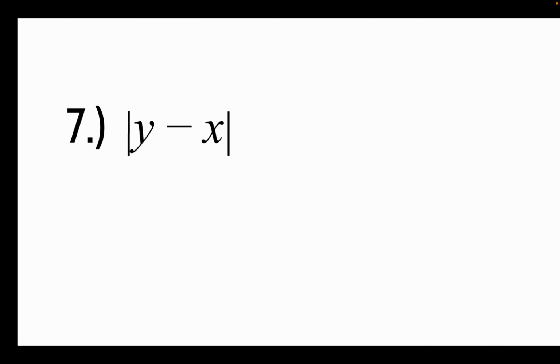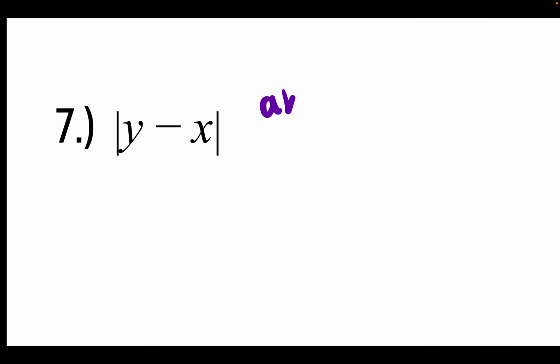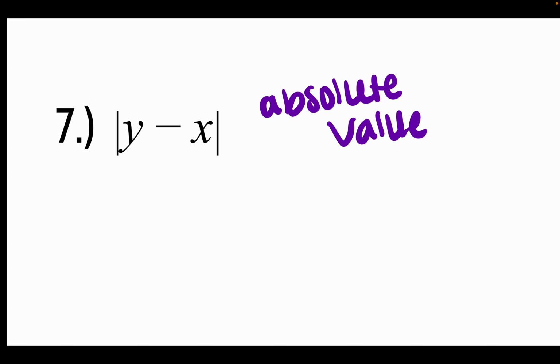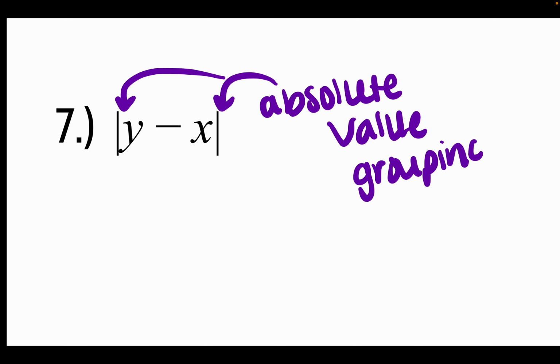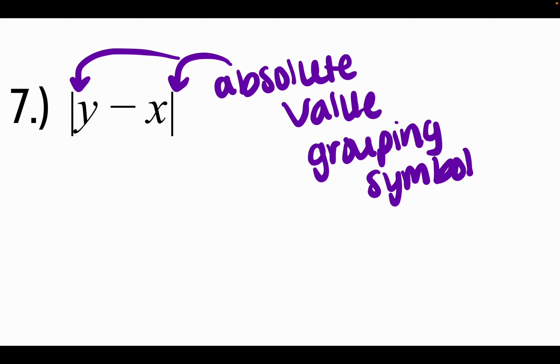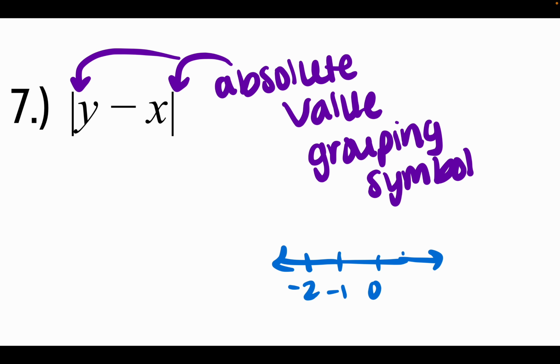Okay, so these symbols right here are absolute value. Think of them as grouping symbols. You always take the positive value. So think of on a number line. So if we have a number line, we have -2, -1, 0, 1, 2.